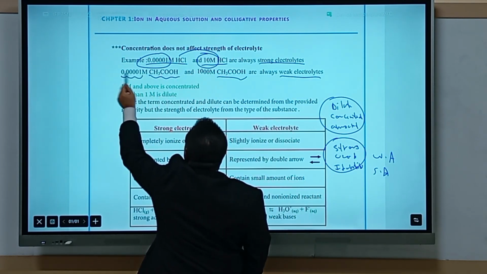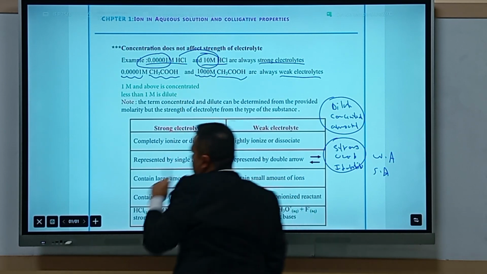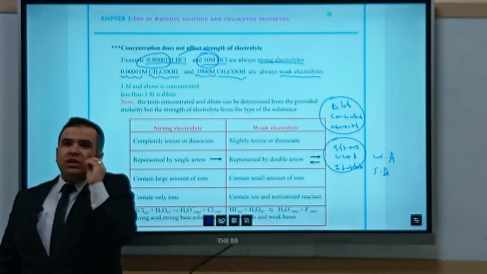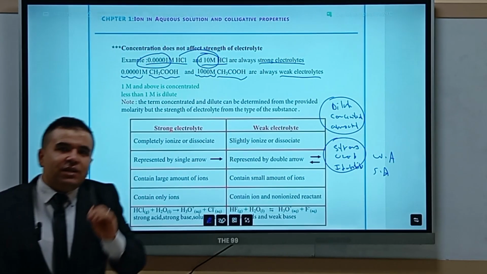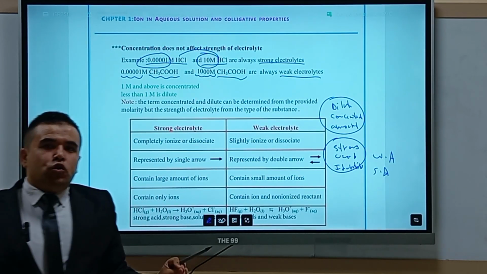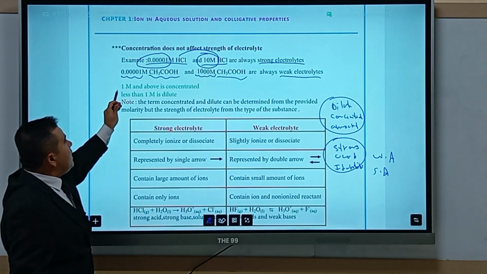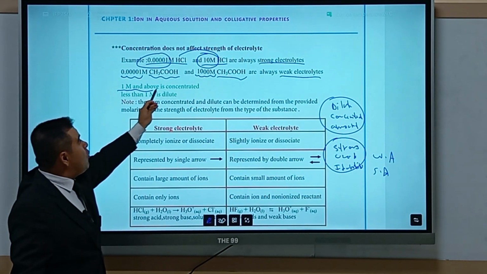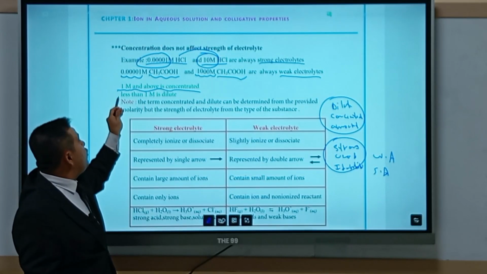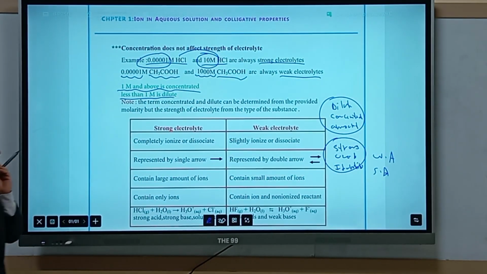This is a dilute weak electrolyte, this one is a concentrated weak electrolyte. So changing the concentration does not change the strength of the electrolyte from strong to weak, or from weak to strong. And 1 molarity and above is concentrated. Below 1 molarity we call a dilute solution.